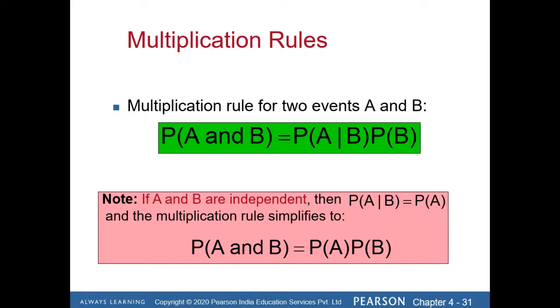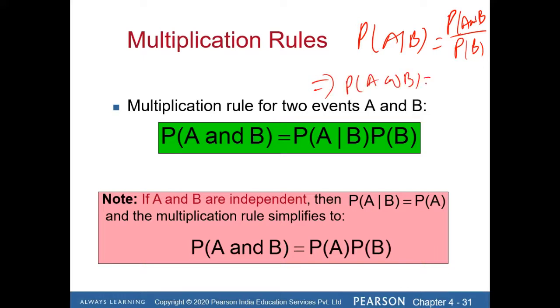The multiplication rule for two events A and B. You already know the conditional probability formula: probability of A and B divided by probability of B. If you simplify this, probability of A and B is equal to the conditional probability of A given B multiplied by the probability of B, because the denominator goes to the other side.